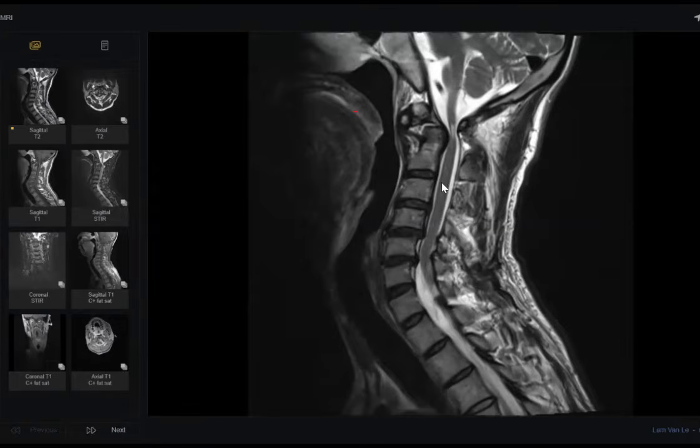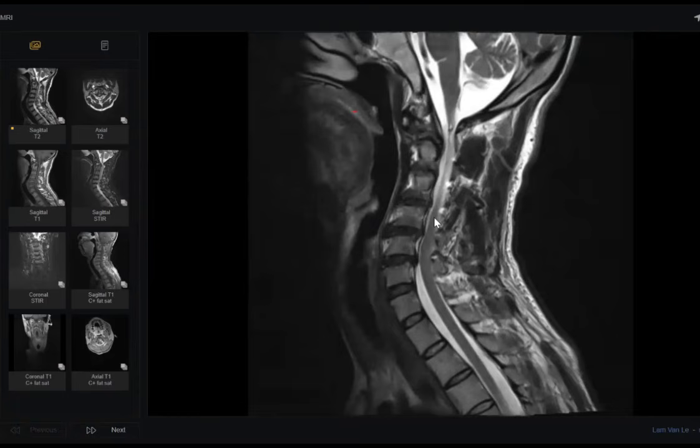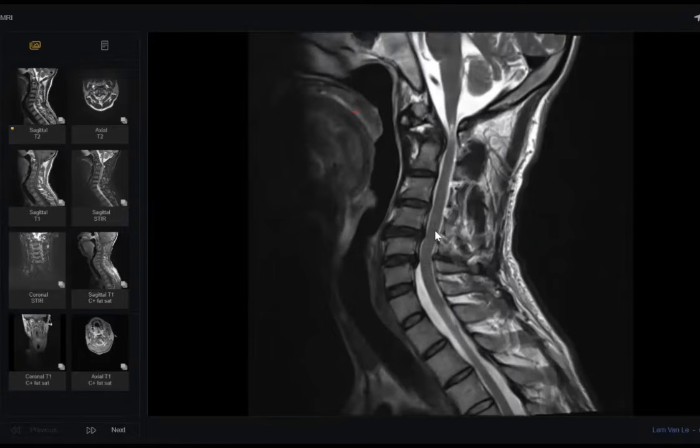Apart from that, I can see multiple cervical disc osteophyte complexes abutting the thecal sac and subsequently the cervical cord as well. There is narrowing of the cervical canal at these levels. If we go further down, exaggeration of the cervical curve is also noted.